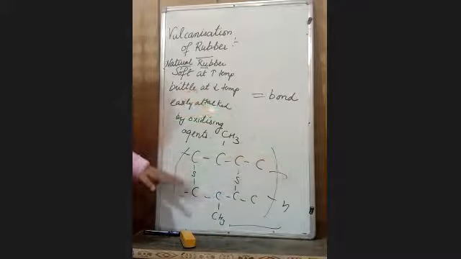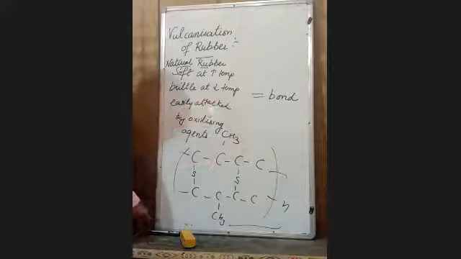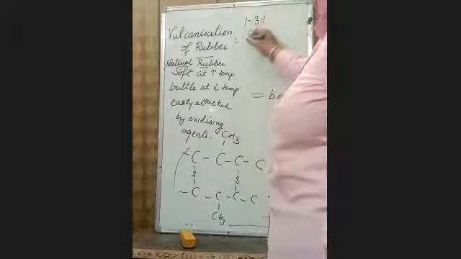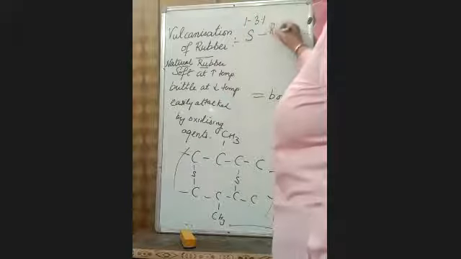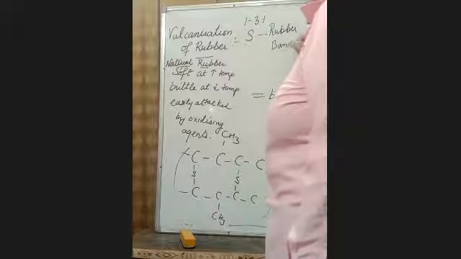Now it can withstand high temperature. It is not so much soft at around 273 Kelvin temperature. Now, depending on the amount of sulfur used, suppose I am using only 1 to 3% of sulfur in natural rubber. It is used in making rubber bands. You know the rubber bands?